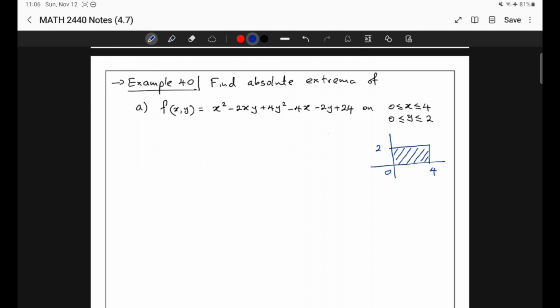Okay, first let's find the critical points. We know how to do this. Find partial derivatives. With respect to x, it's 2x minus 2y minus 4. With respect to y, it's negative 2x plus 8y minus 2.